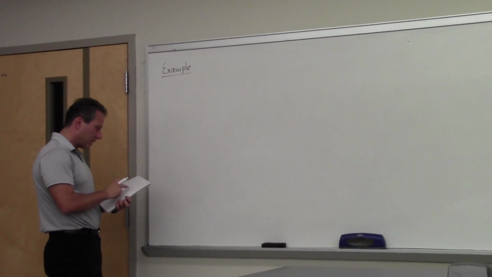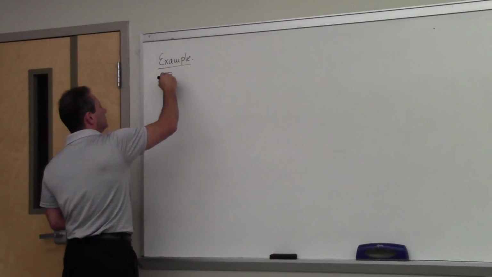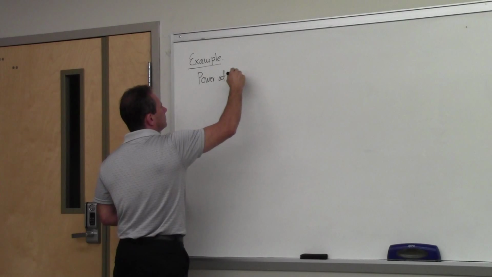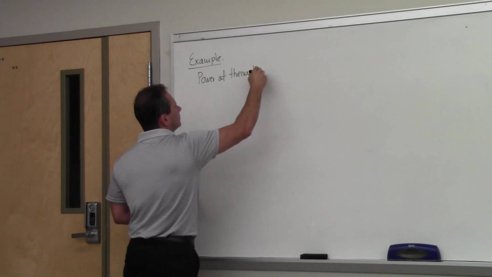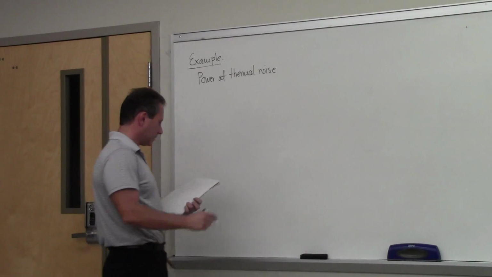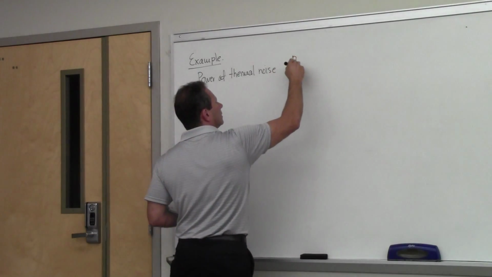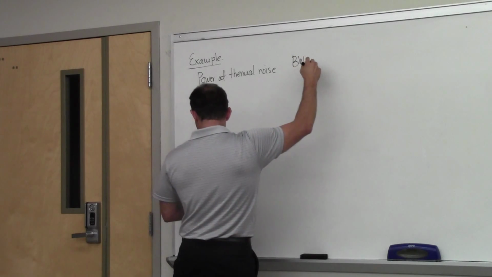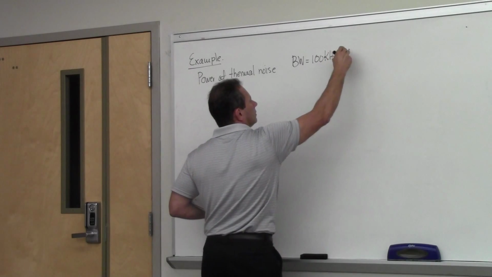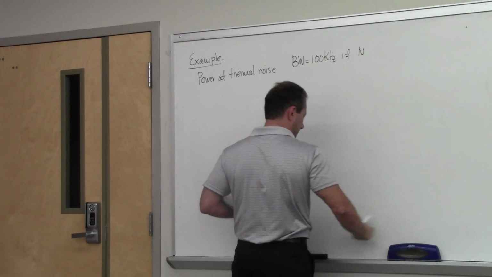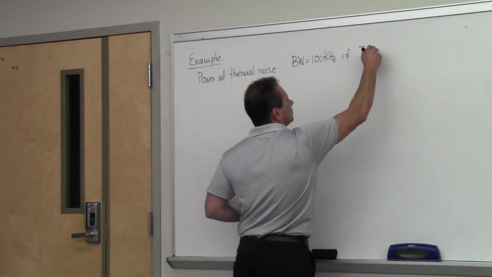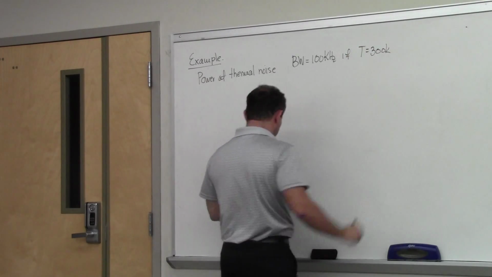It says: determine the power of thermal noise at the output of an ideal filter with bandwidth of 100 kilohertz, if the noise temperature is equal to 300 kelvins.